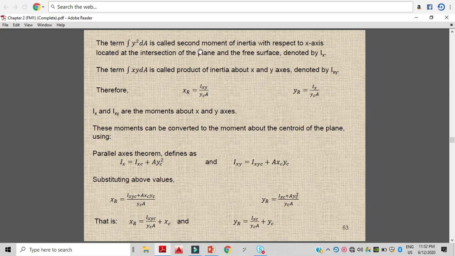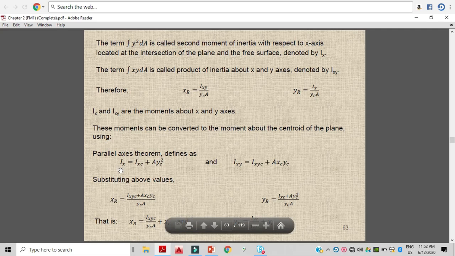So we replace this term with Ixy, and this is replaced with Ix. Okay, so here Ix and Ixy are the moments about x and y axis. These moments can also be converted to the moment about the centroid of the plane using the parallel axis theorem. By using the parallel axis theorem, these moments can be converted into moment about the centroid.